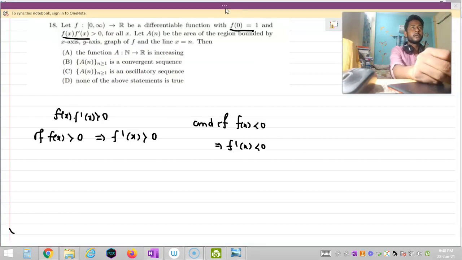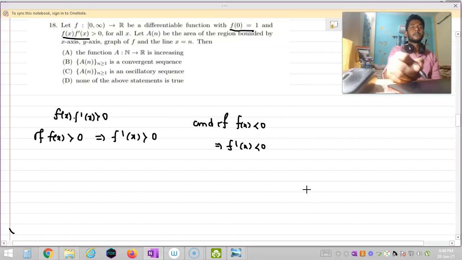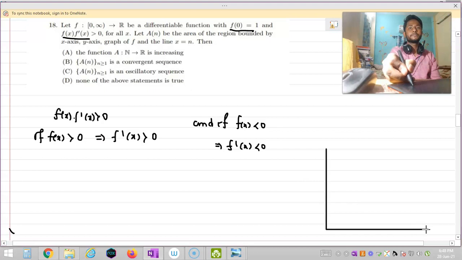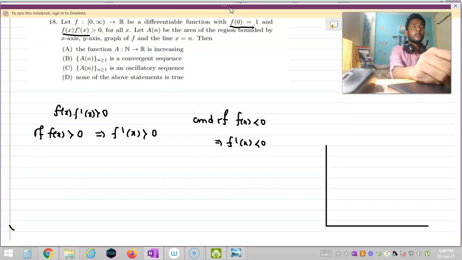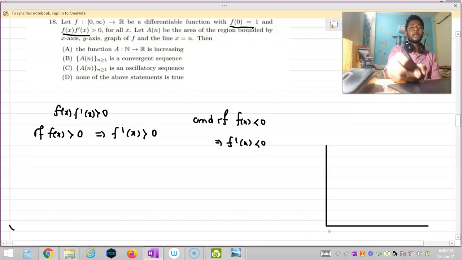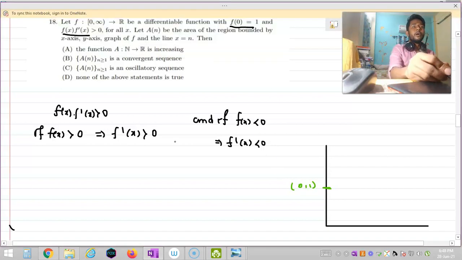First of all, let me draw the axes. It is given that f(0) = 1, so at 0 the height of f is 1. This is our point (0, 1).